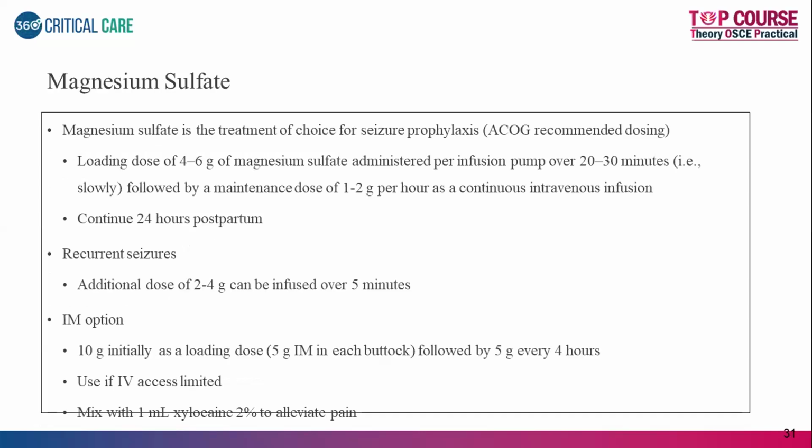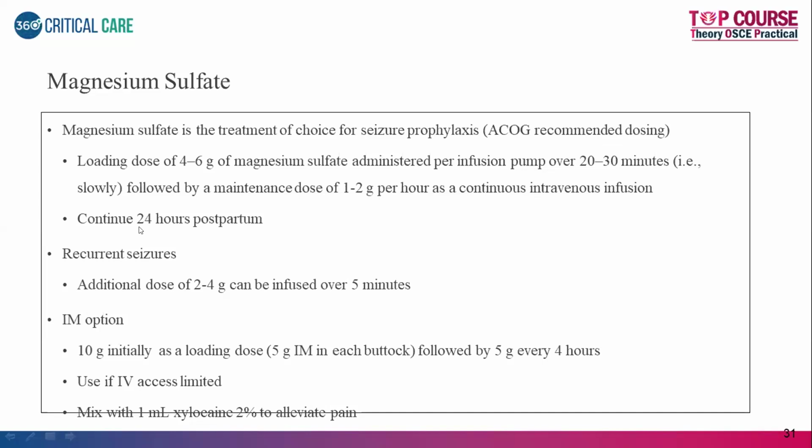Now, what is the role of magnesium sulfate in eclampsia? Preeclampsia done, now it is eclampsia. Magnesium sulfate is the treatment of choice for seizure prophylaxis. So the ACOG recommended dosing, we will see it. The loading dose is 4 to 6 gram administered by infusion pump over 20 to 30 minutes, followed by maintenance doses of 1 to 2 gram per hour as a continuous infusion.